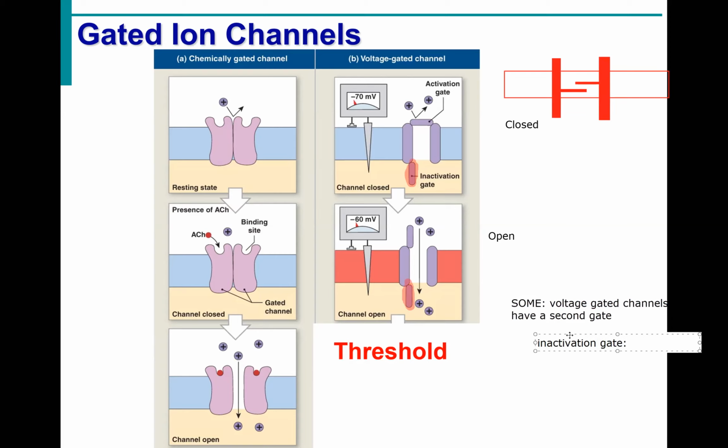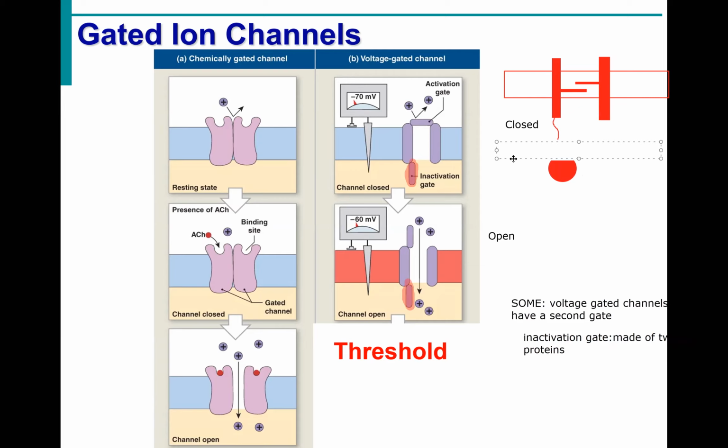And this inactivation gate is made of two proteins. One is a long linear protein, and the other is a big globular protein. And they give this inactivation gate a very technical name.